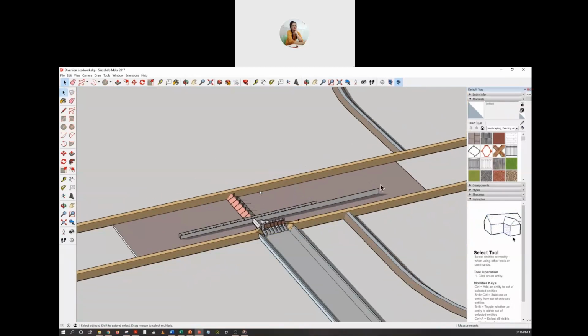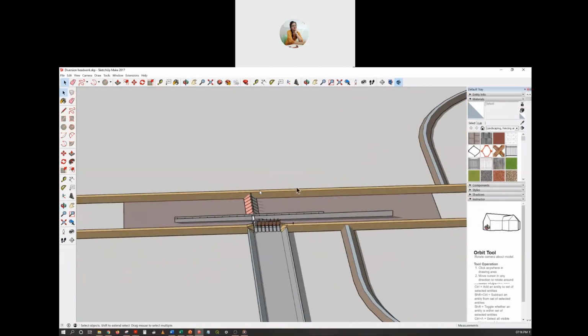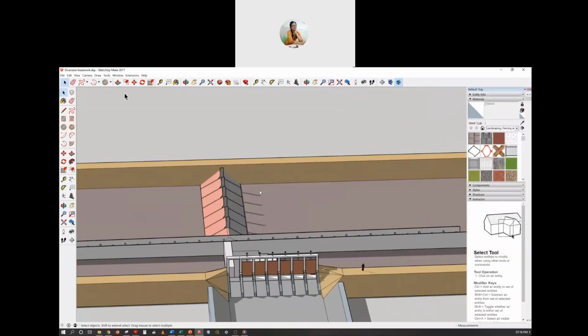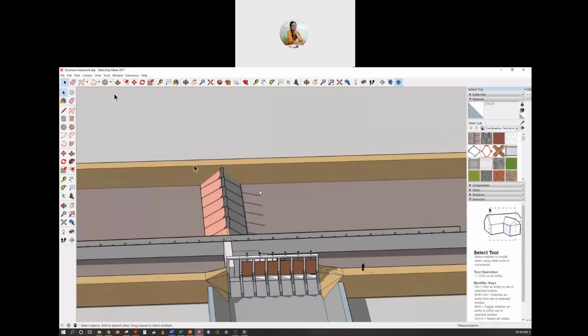This is provided so that water doesn't enter the riverbed very close to the weir and doesn't get released just at the downstream, because in that case it will be a very small seepage length and lots of seepage will occur, so it will not be able to store the water.